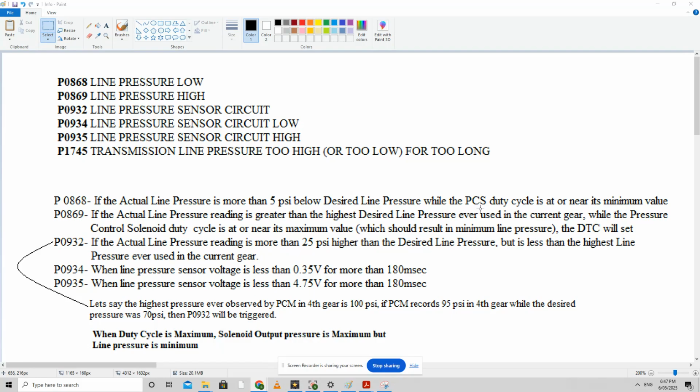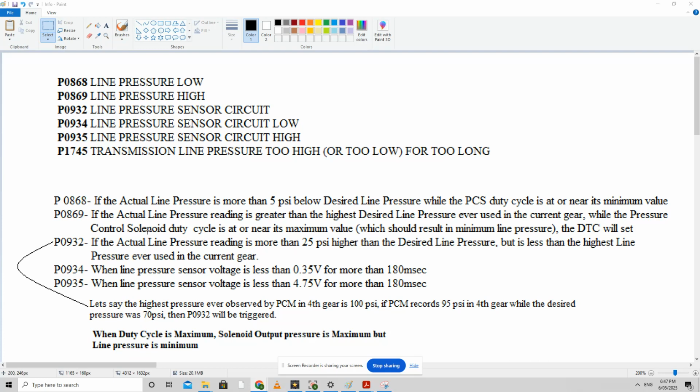If it sounds confusing, we'll go through this in detail later on, but for now, just read this line and keep in mind that where the solenoid is receiving a low duty cycle, then the pressure should be high, and if it's not high, it will trigger 868.